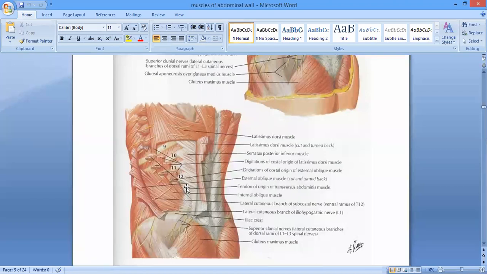So the lumbar fascia, the thoracolumbar fascia, gives origin to the transversus abdominis. Any problem? Everything is clear.